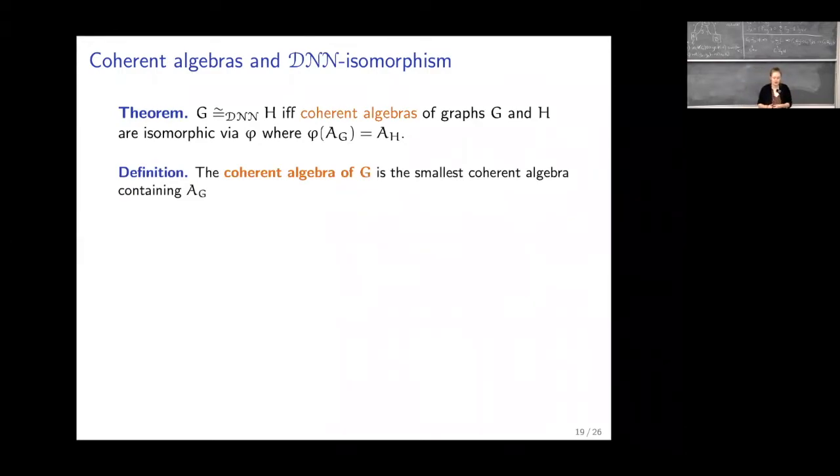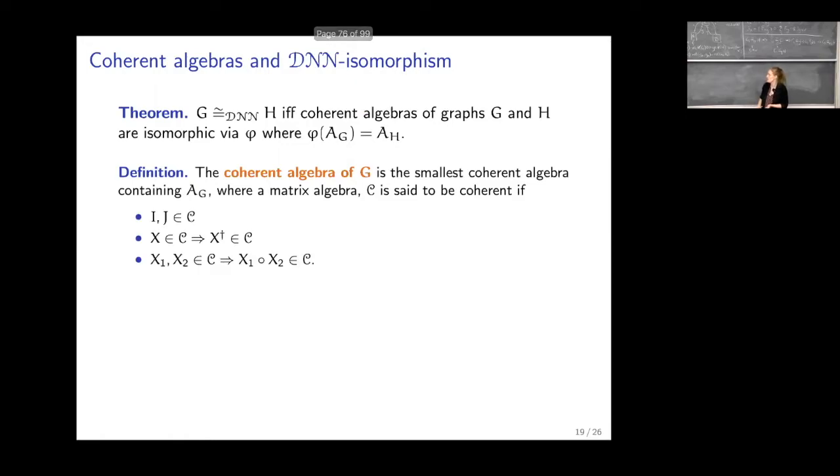The coherent algebra of a graph is the smallest coherent algebra that contains the adjacency matrix of that graph. An algebra is coherent if the following conditions are satisfied: I want the identity matrix and the all-ones matrix J to be in my algebra, and I want my algebra to be closed under complex conjugate transpose and entry-wise product.